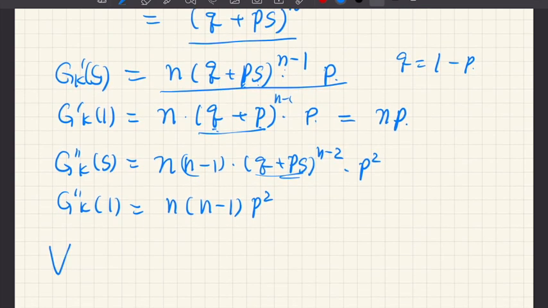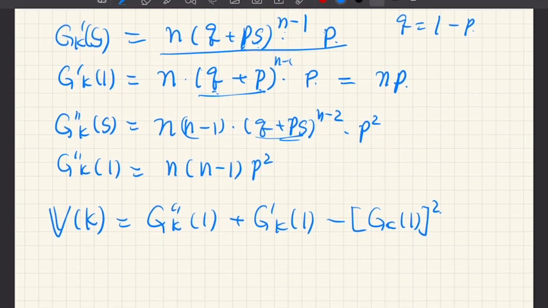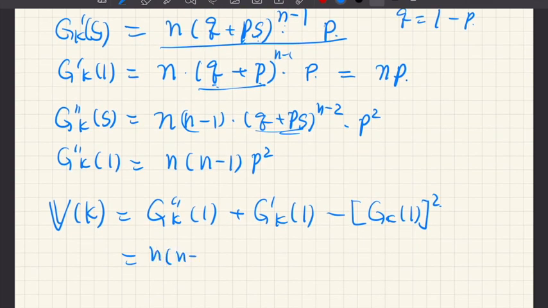So the variance of k is given by the second derivative plus the first derivative minus the square of the first derivative. So that is n(n minus 1)p squared plus np minus n squared p squared.